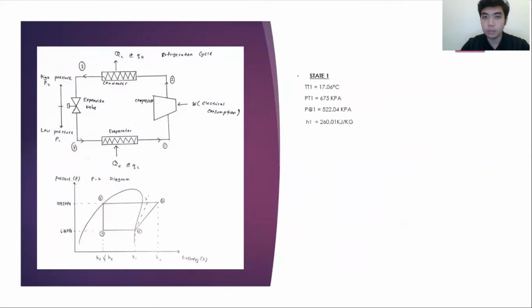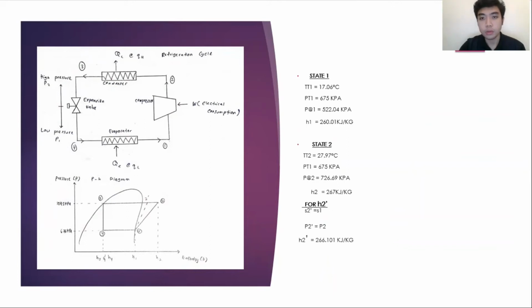So starting from state 1, we have to refer to the saturated refrigerant table, which is table A12, to find the H1 value by using the pressure and temperature, and we got H1 is 260.01 kilojoule per kilogram.